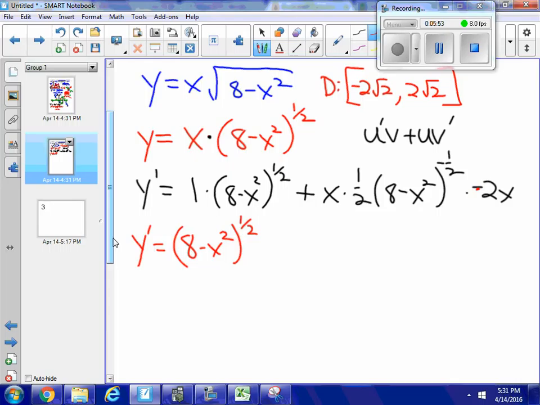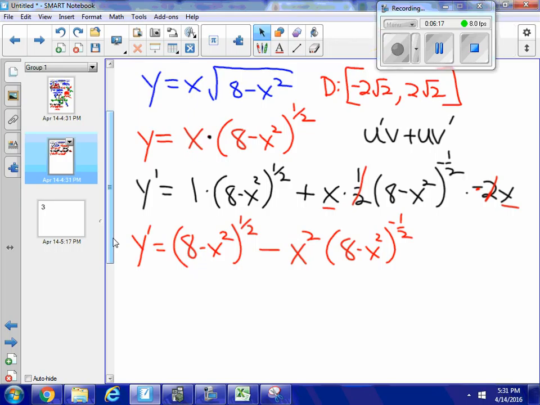So I'm going to change that into a minus. And I'm going to have an x times an x, so that's going to be x squared. And the 2 is going to be canceled out by the 1/2. So I have minus x squared times 8 minus x squared to the negative 1/2 power.